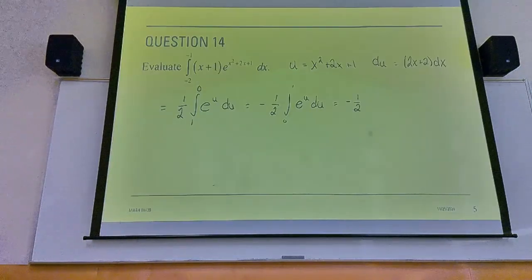What is the antiderivative of e to the u? And that gets evaluated from u equals 0 to 1. What is e to the first power? E to the 0 power. One minus e over 2.